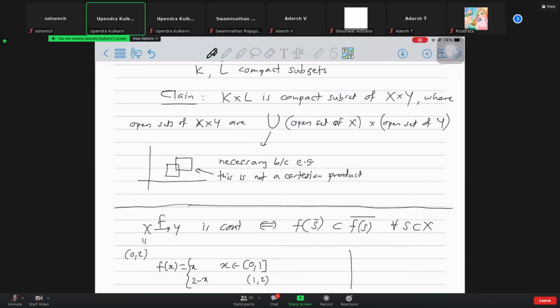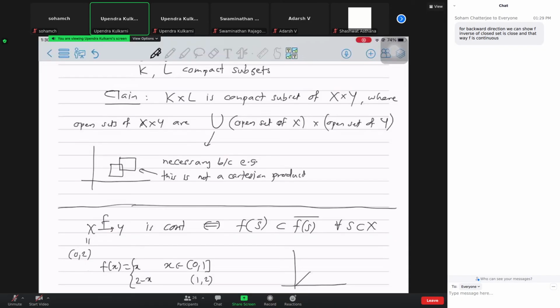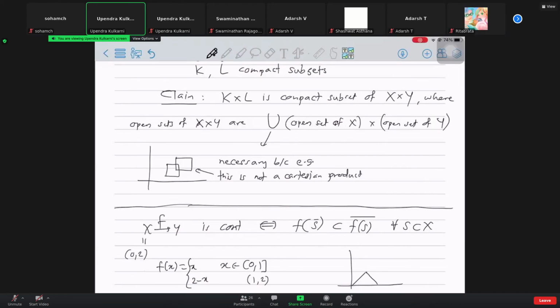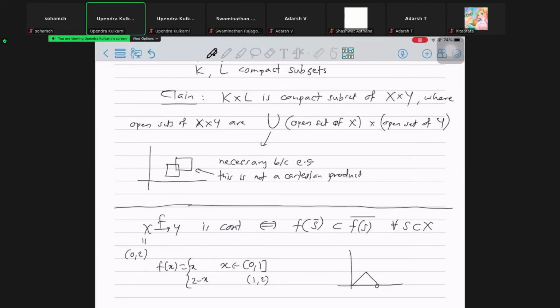Okay, so I just need to draw a picture of this. So you just have this function, and then you are going to go down like this. And then this point is not included. Sorry, what do you want to do?